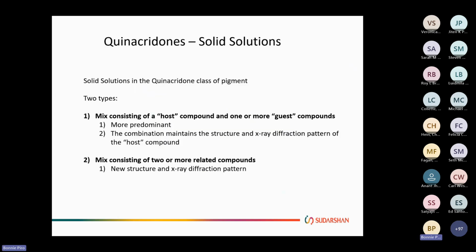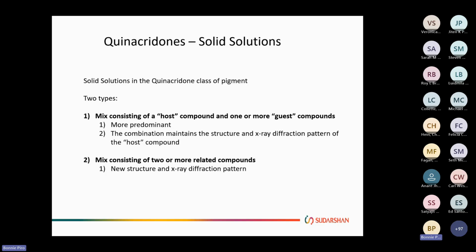Solid solutions. I mentioned earlier that quinacridones do play a big role in solid solutions, so they are good to know about. They're not as popular as the single quinacridones are. Two ways of creating them. The first one is the more popular one, where it's a mix consisting of what is called a host compound, and then one or more guest compounds.